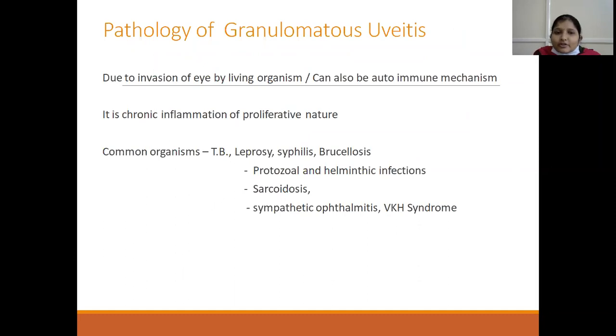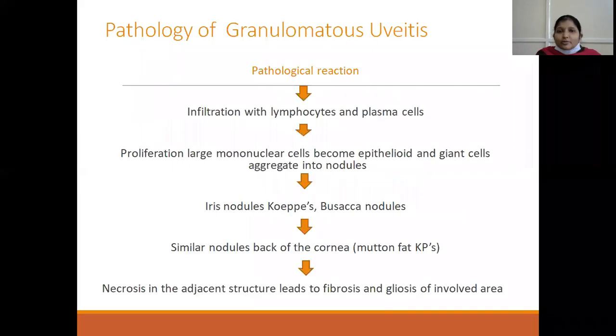This is because of invasion of the eye by living organisms, and it is a chronic inflammation which is proliferative in nature, caused by organisms like tubercle bacilli, syphilis, leprosy, brucellosis, as well as viruses like CMV. All these can also lead to granulomatous uveitis. Protozoa, helminthic infection, sarcoidosis, sympathetic ophthalmitis, and VKH can also lead to granulomatous uveitis.